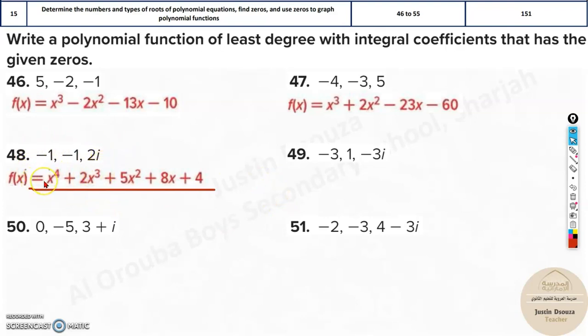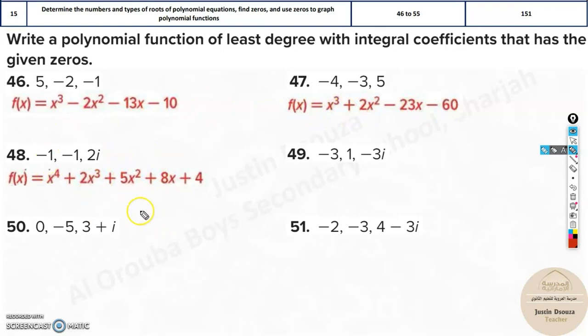So the first term will have the degree of x to the power 4. That is one way to reduce the options. But what if there are two questions, two answers with the same thing? You need to solve this. So for this, you can't use the direct method, like directly solving this or anything. You have to use the normal method.